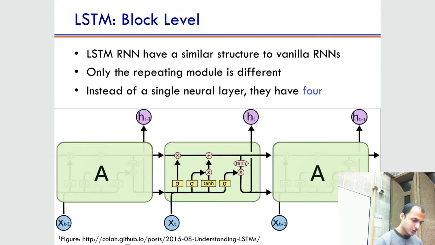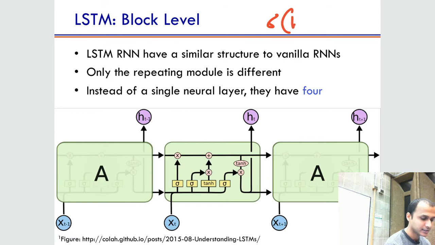Just to look at the block diagram, the A cell previously had one yellow block. When I said the yellow block is like a neural network or some transformation like that, one layer of a neural network, for example. Instead of that, we actually have 4 neural network style blocks.